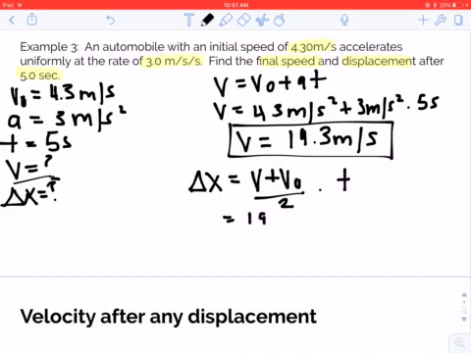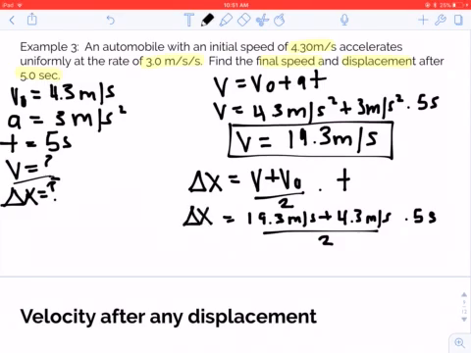So I'll have 19.3 meters per second plus 4.3 meters per second divided by 2 times the time interval, which we're told is 5 seconds. So again, plug this into your calculator. Make sure you're doing order of operations correctly. You have 19.3 plus 4.3.